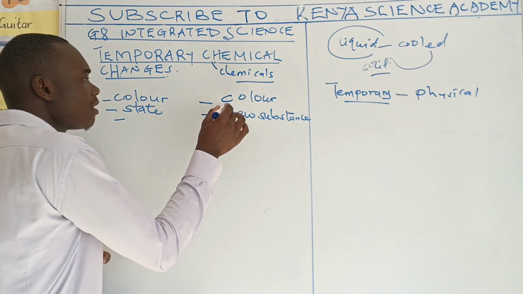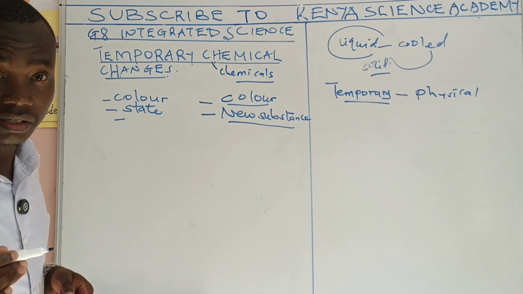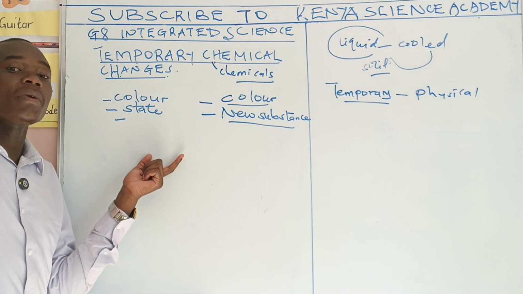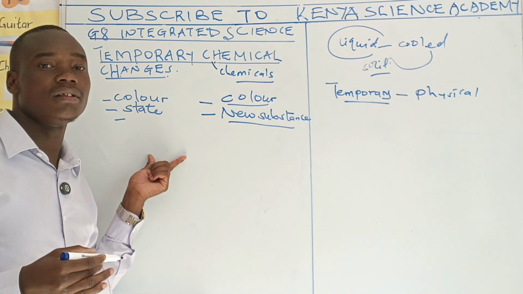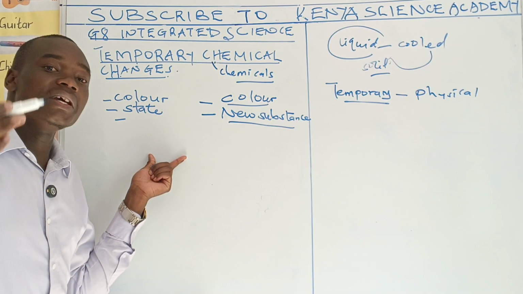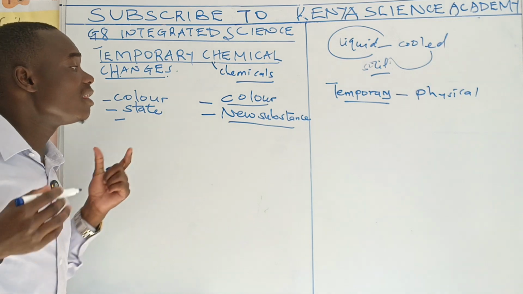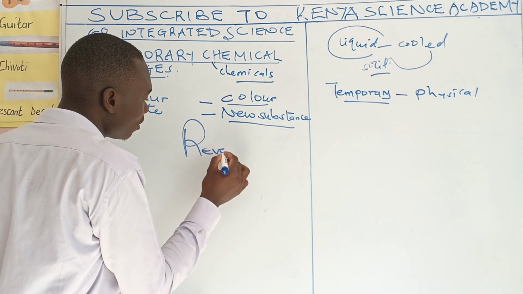Now, these are the things we want to look at. Is there color change? Can the color be taken from its original state to another new state? And when we get that new state, can we take it back to its original state? In that phenomenon, we call it reversible.